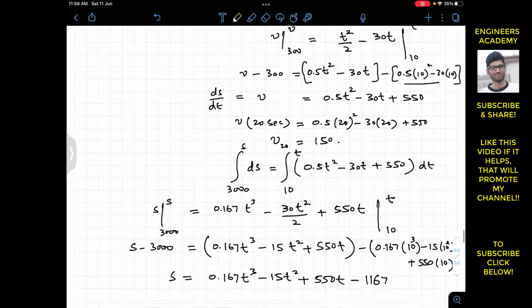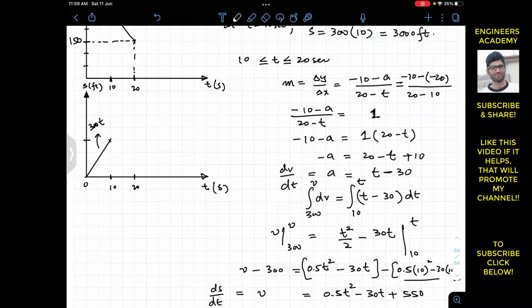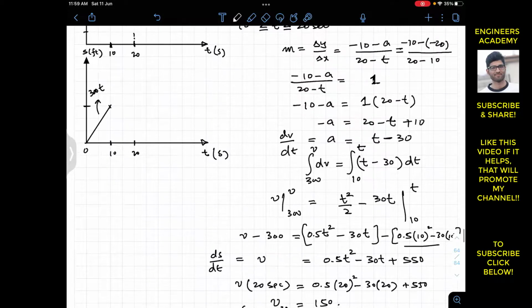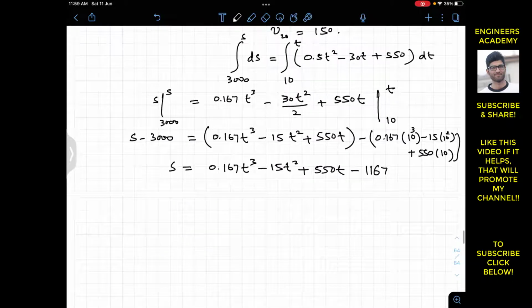Now this is a third degree curve, so we need to plot it, right? Its curvature is going to point in the downward direction, so we will have the graph somewhat like this, and we want to find the s at t equals 20 seconds.